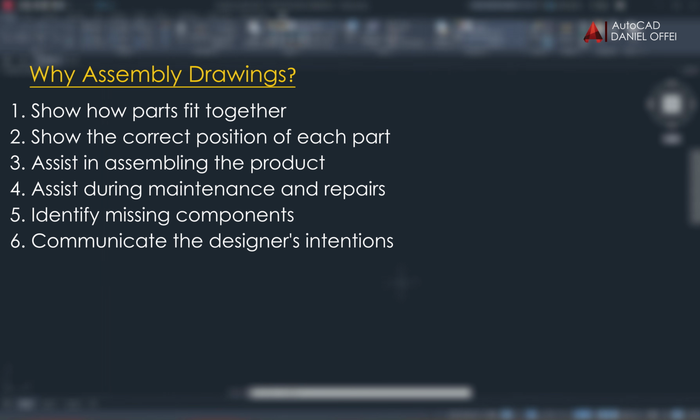Then we can also check whether there are missing components in a delivery or procurement. Assembly drawing also tells other engineers or other people what the designer actually intends to do. So there are other reasons why we must assemble, and as a student or as an engineer, you should know how parts come together and how they relate with each other.